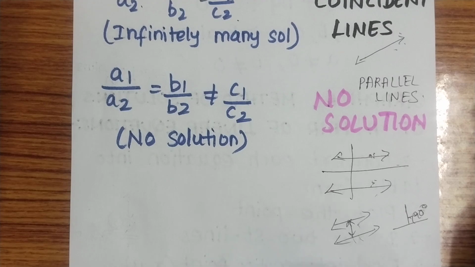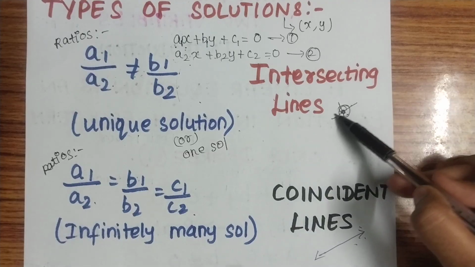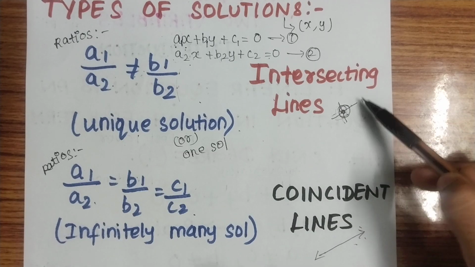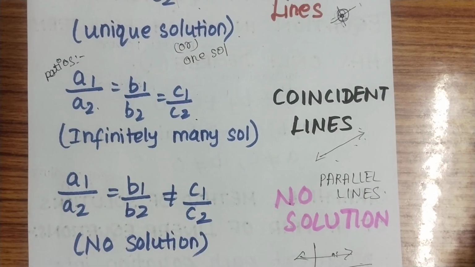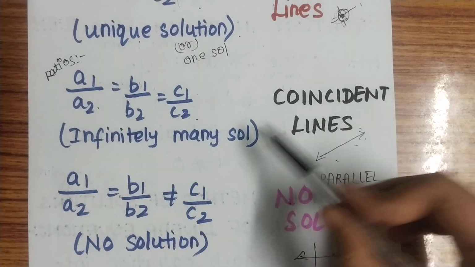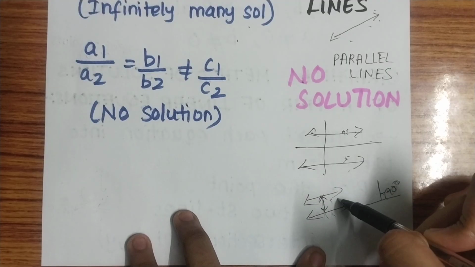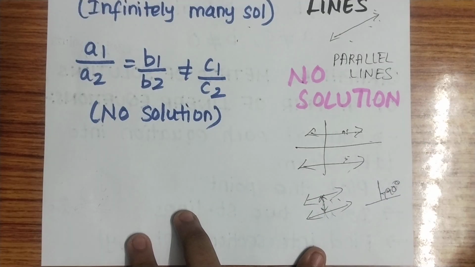If my two lines meet somewhere, it has a solution. Here my lines meet, so I have one solution. Here my lines overlap, they coincide, they are together, so I have infinitely many solutions. But here my lines do not meet each other, so there is no solution.